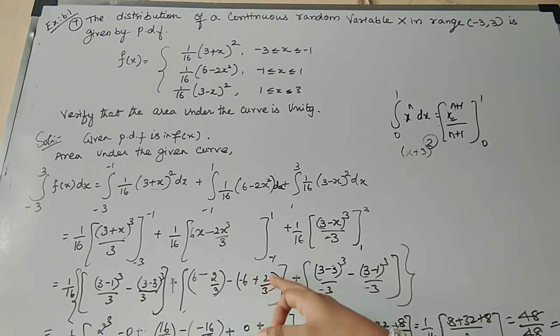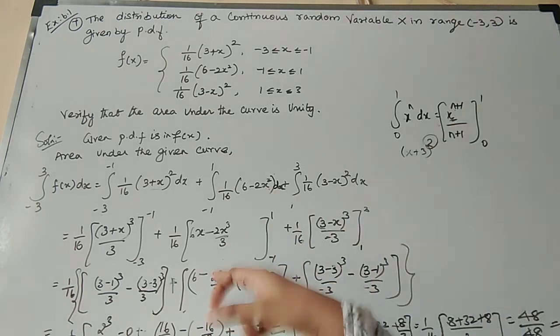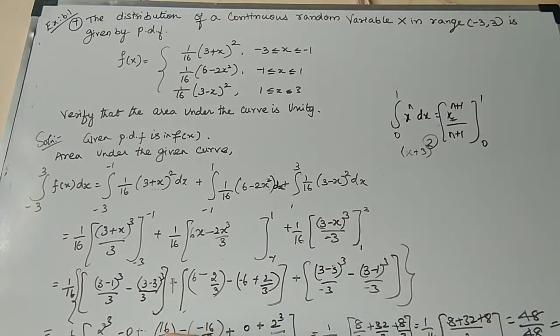So -6 plus 2 by 3 is your lower limit. Taking the LCM, 6 minus 2 by 3 is 16 by 3, and -6 plus 2 by 3 is -16 by 3. Minus of minus becomes plus, so 16 by 3 plus 16 by 3 is 32 by 3. That will be your second integration.